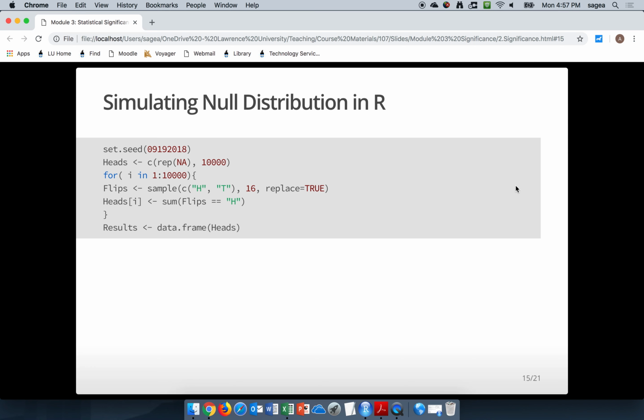In class, we looked at simulating the null distribution first by flipping coins and then by using the applet on the Rossman Chance website. We could also do a simulation in R, and this slide shows some code that could be used to do that. At this time in the course, I won't ask you to write the simulation, but the code is available in case you want to look at it later on.